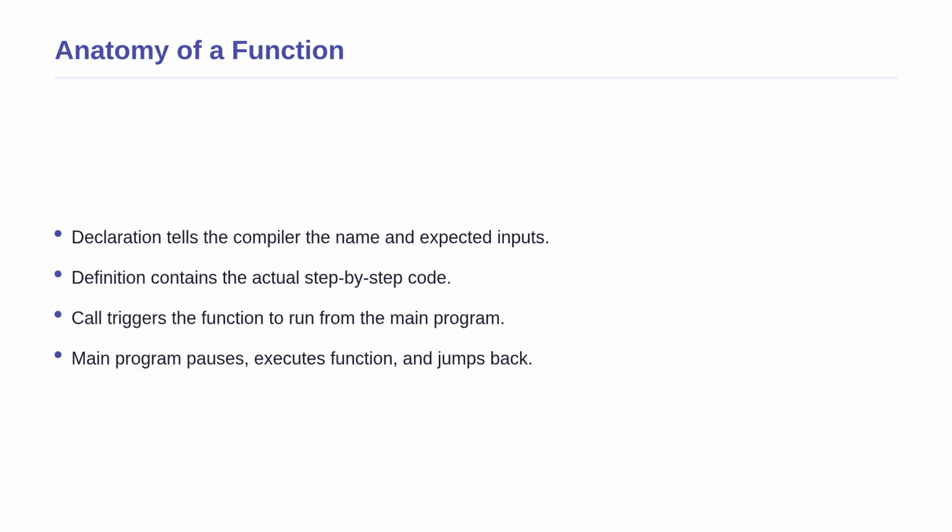Second is the definition, which is the actual step-by-step code inside the function that does the heavy lifting. Finally, we have the call. The call is the exact moment the main program triggers the function to run. When this happens, the computer temporarily pauses the main program, jumps over to the function, executes its instructions, and then jumps right back to where it left off.